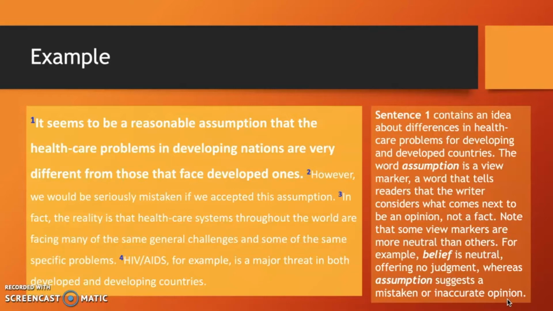So when you say that someone is making an assumption, you're implying that they are just thinking this idea without really knowing if that idea is true. And so this first sentence is talking about an assumption that people are making.